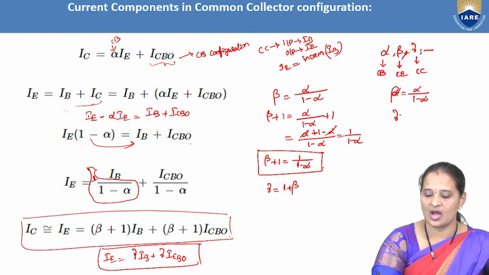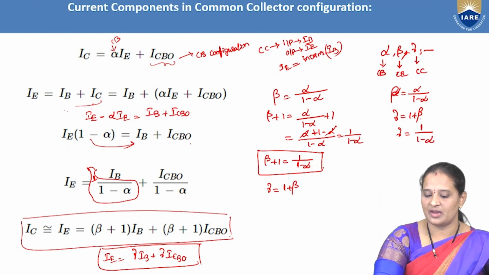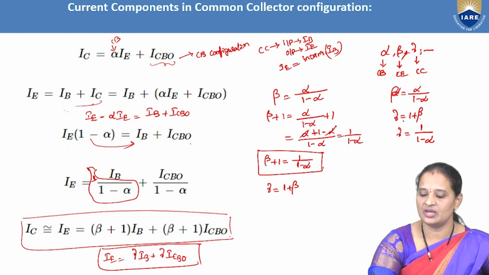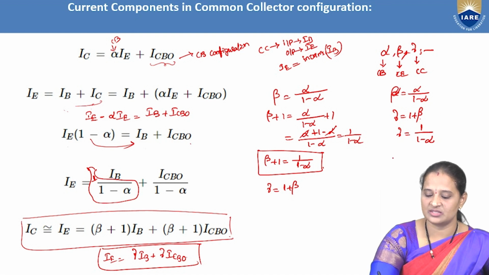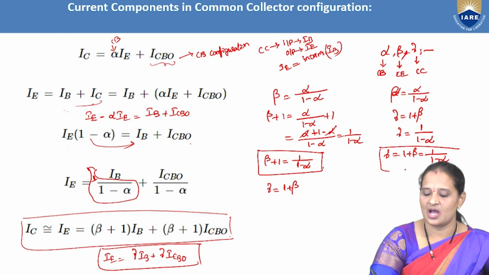And between alpha and gamma, gamma = 1/(1 - alpha). So gamma = 1 + beta, which also equals 1/(1 - alpha).